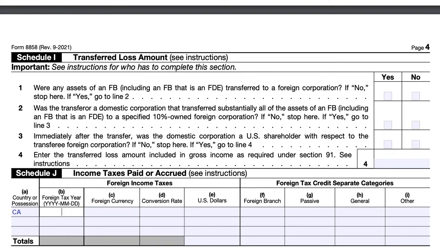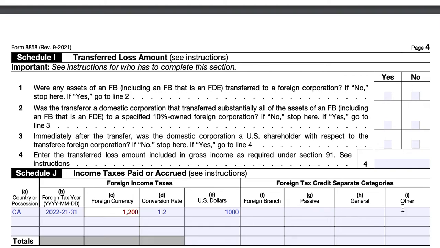And we're going to say that the tax year happened to be... I apologize. This should be in Canadian dollars.